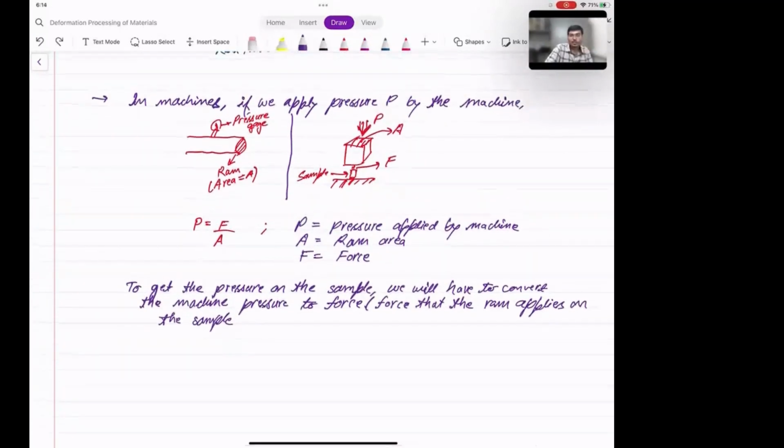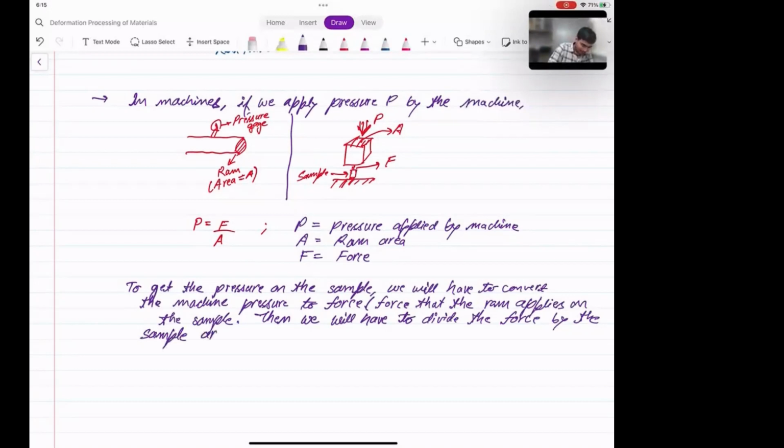Okay, and further, we have to divide the force by the sample area to get the pressure on the sample.